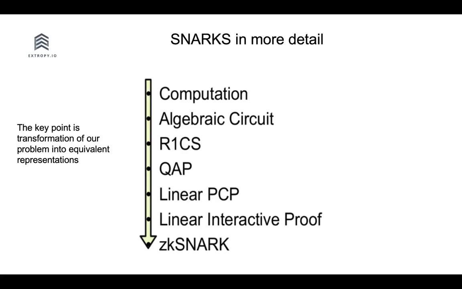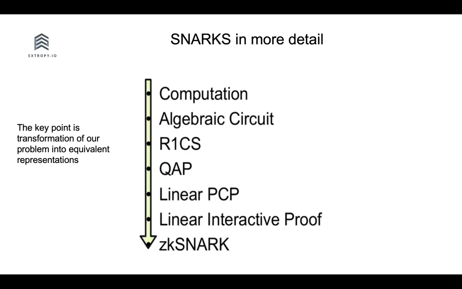I don't know if there are any mathematicians or computer scientists, but this is very similar to the ideas in complexity theory, where you're doing transformations between equivalent problems and showing that these problems are mathematically equivalent, and you can transform them from one form into another. And that is what we essentially are doing when we create a ZK-SNARK.